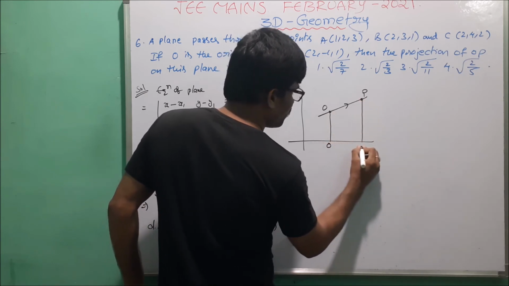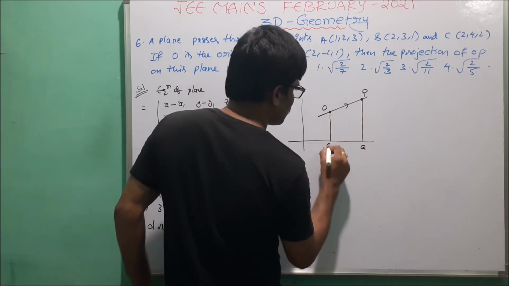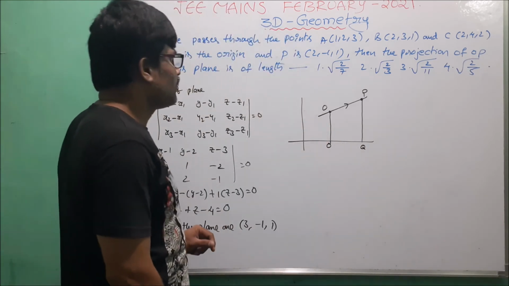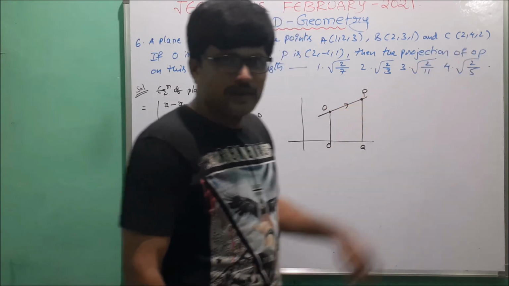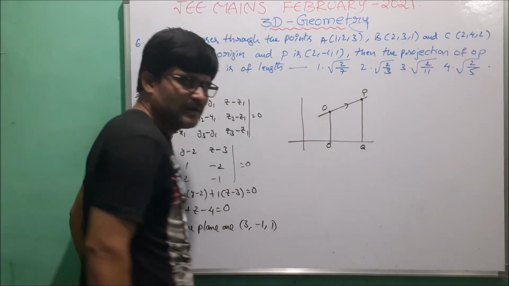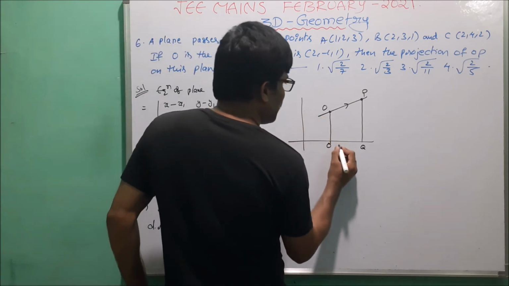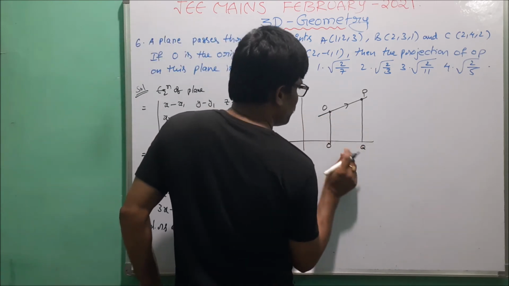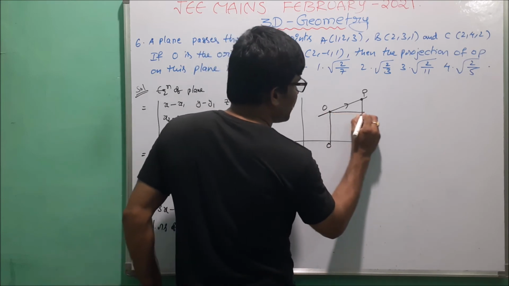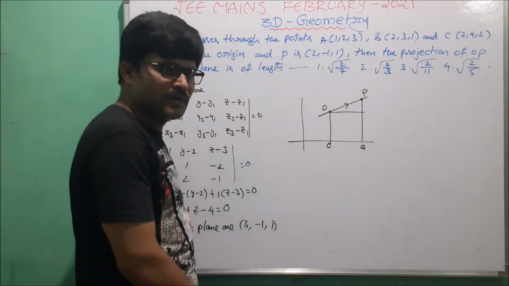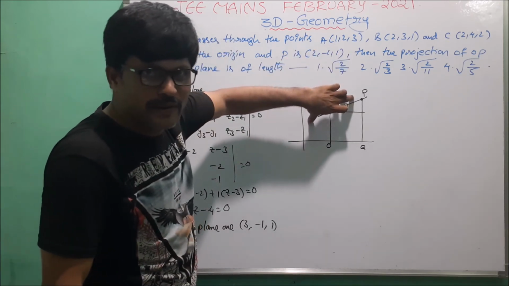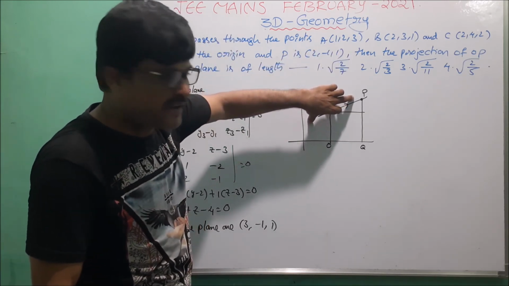So this is OQ, so O'P. OP means the length of OP. Clearly we have to observe this length is always equal to this length. Now here the projection is on the xy plane.